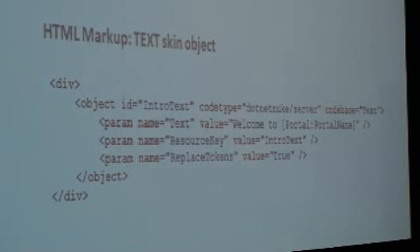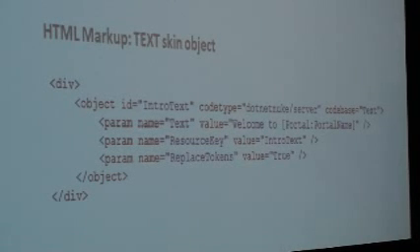A new skin object we're introducing is the text skin object. This is a very versatile skin object because it will allow you to not only inject localized text into your skin, but also have lots of values that were previously not available, or you had to use various hacks to get them into your skin, which is by way of the token feature.